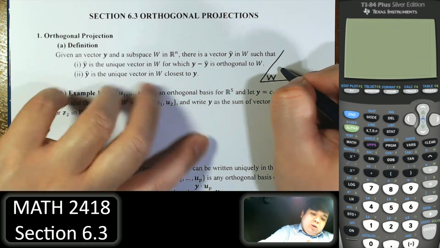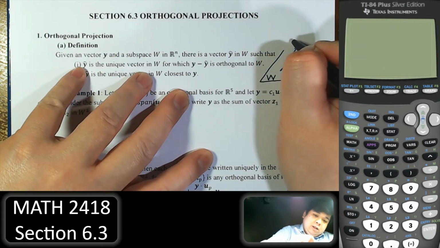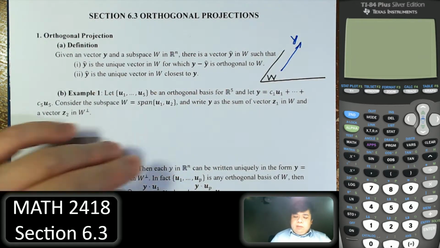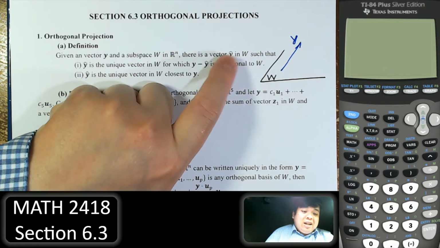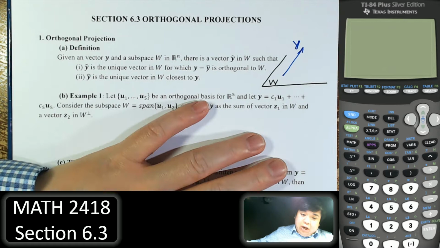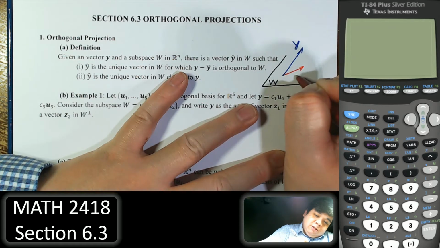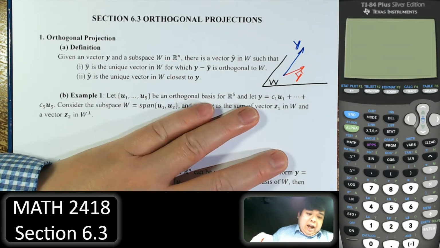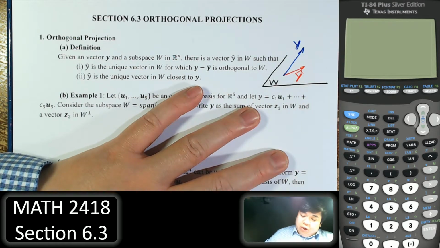So let's say the y vector is not on W, and there will be a vector y hat in W. Y hat is in W, not y. So y hat, this vector, is in W, and that is the orthogonal projection of y onto W.